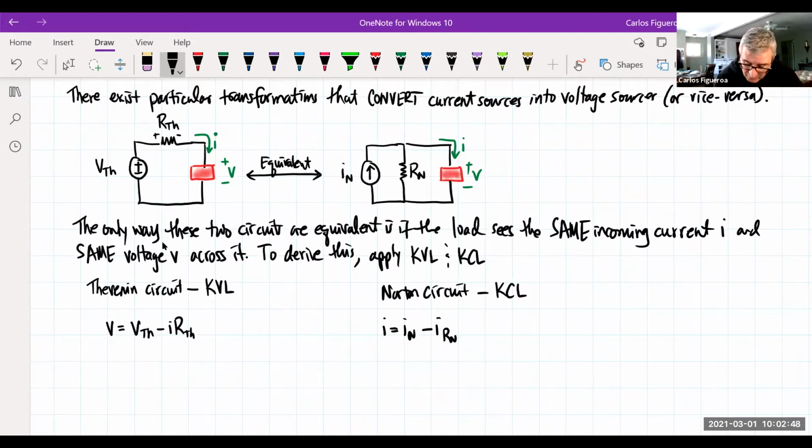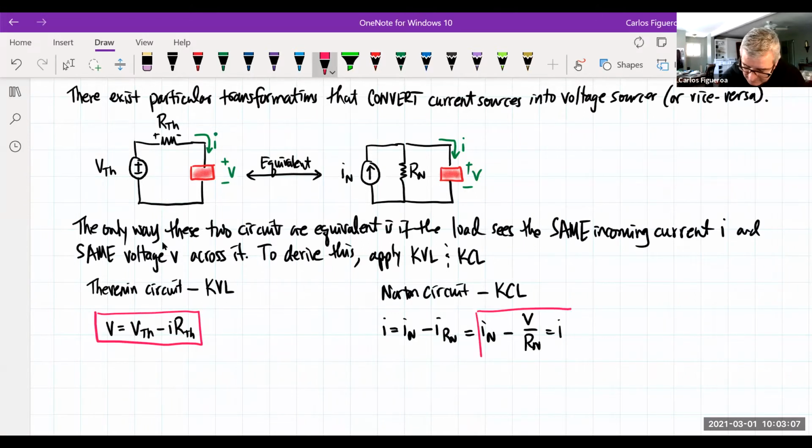But I can rewrite this, since I know what the voltage is, it's got to be V over Rn. That's what that current is. So what you're seeing here is that I have two conditions. KVL sets this condition. KCL sets that condition right here.